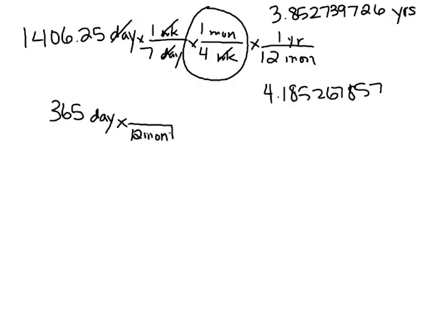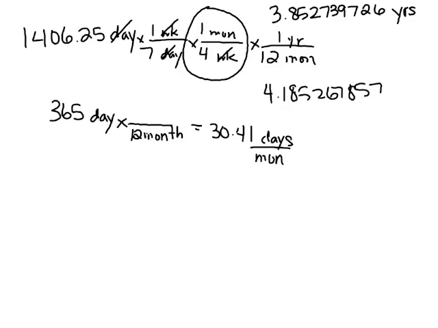So what's the conversion rate? It breaks down to 30.41 days per month. 30.41 days in a month.